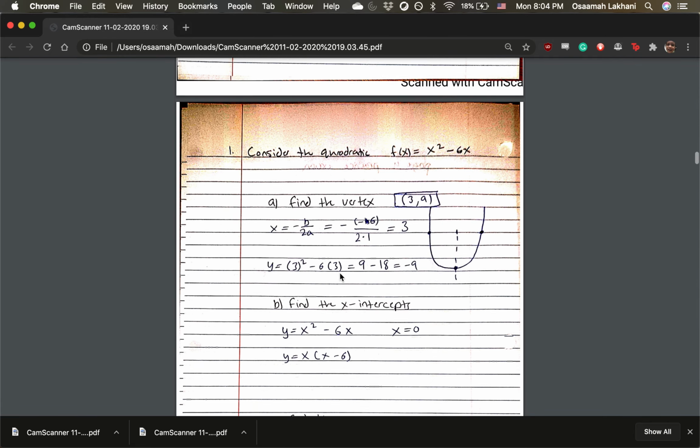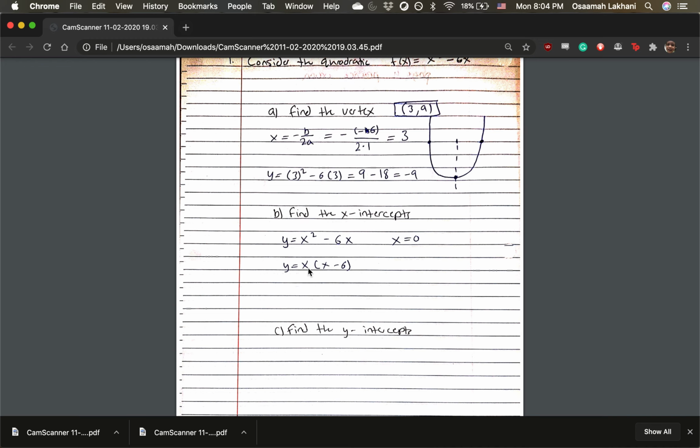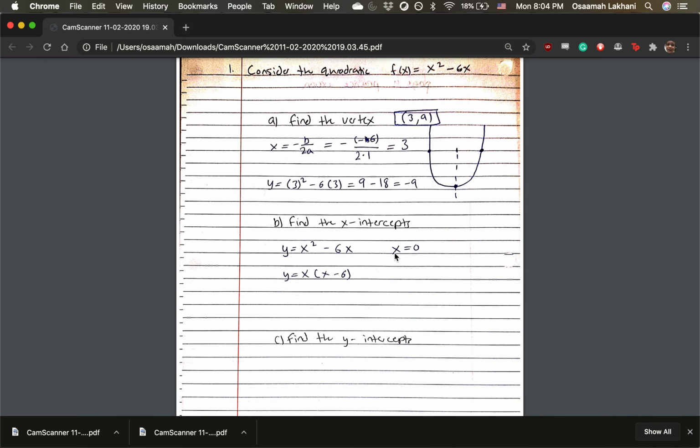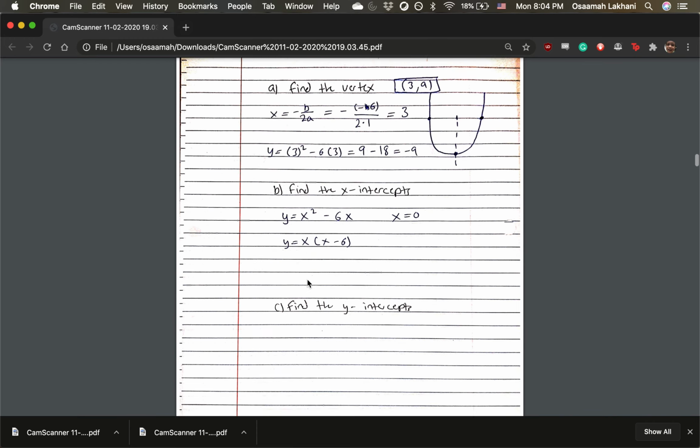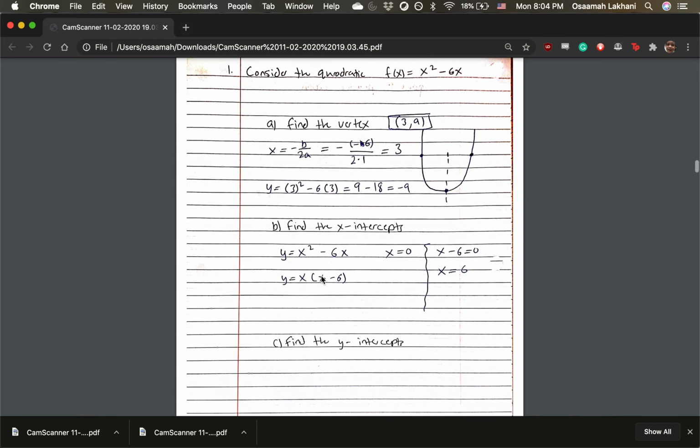What you can do with that is set it equal to 0, and therefore x has to equal 0, right? Because that's one of our factors, so x equals 0, or x minus 6 equals 0. When you put x minus 6 equals 0, x equals 6. So our 2 x values of the x-intercepts are x equals 0 and x equals 6.